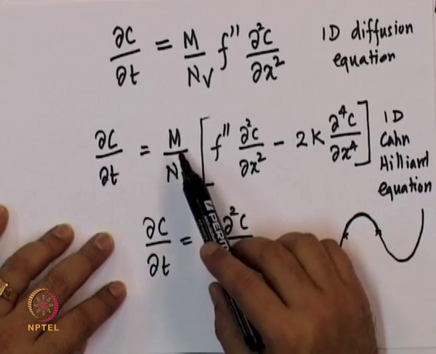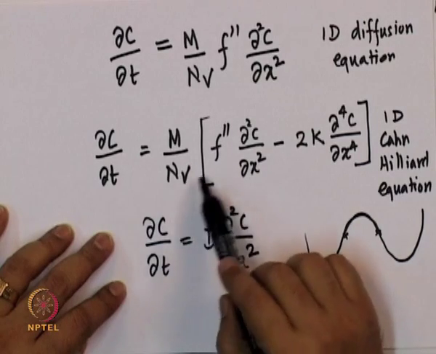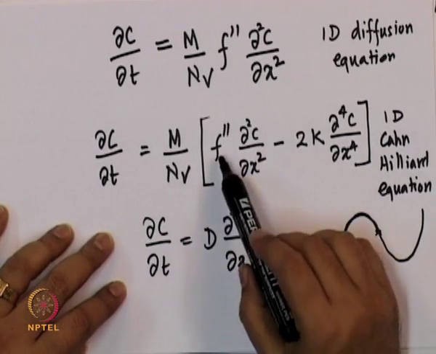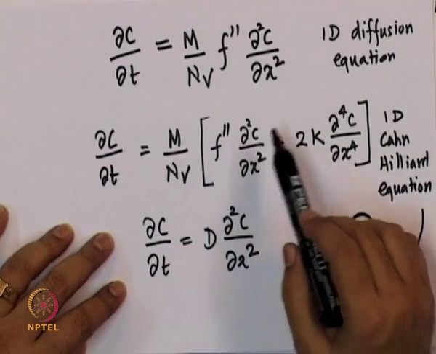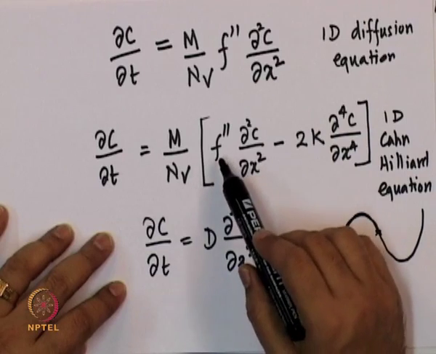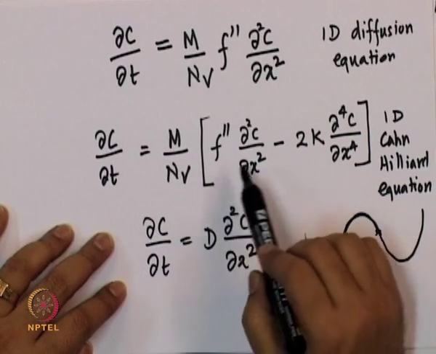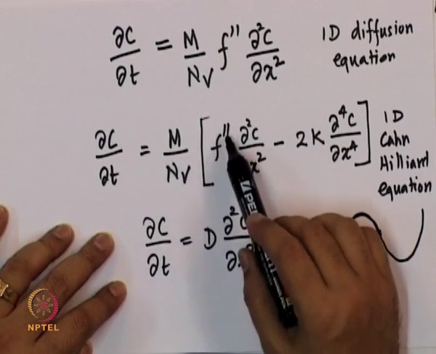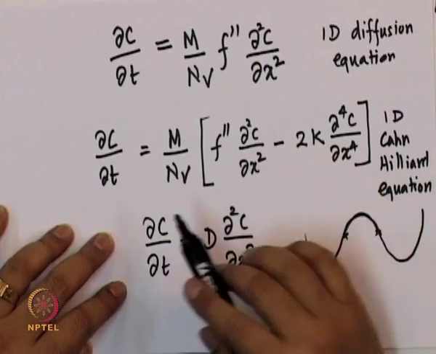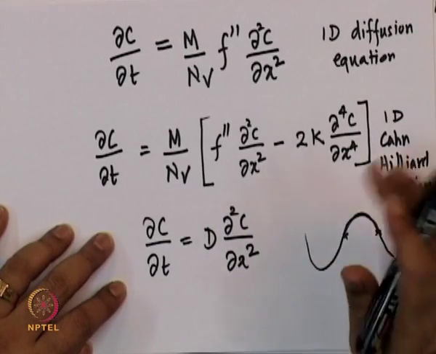In fact, this quantity multiplied by this second derivative by nv, I am going to assume as 1, because strictly speaking f double prime is a function of composition. So, you have to actually incorporate that effect also, but what we are going to do is that m f double prime by nv, we are going to just call that some d tilde, and we are going to assume that that d tilde is non-dimensionalized to be 1. So, that is one thing.